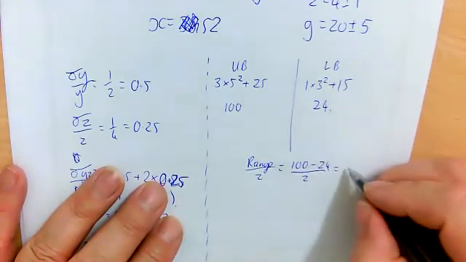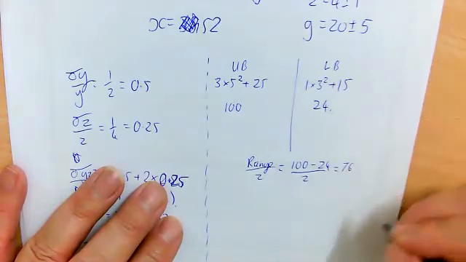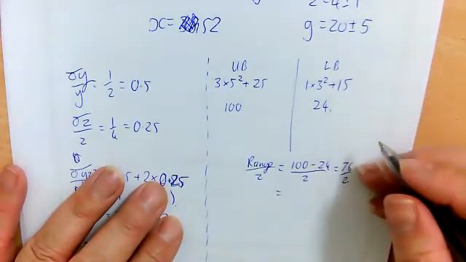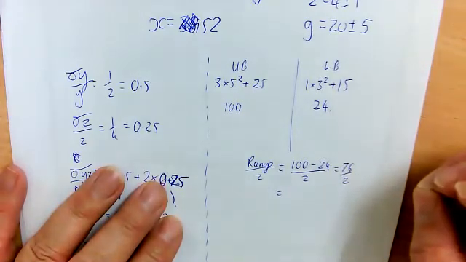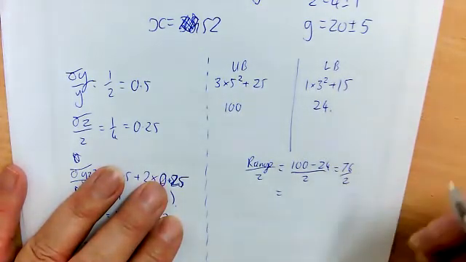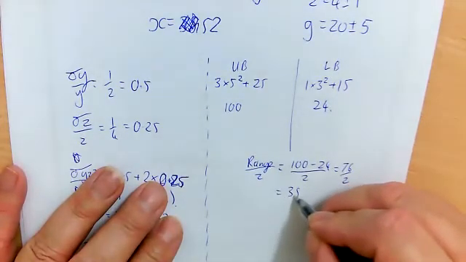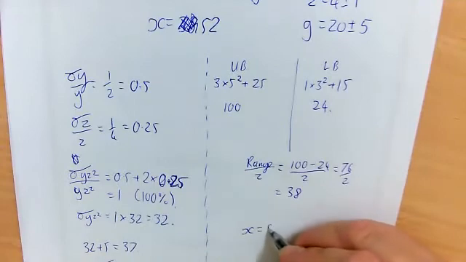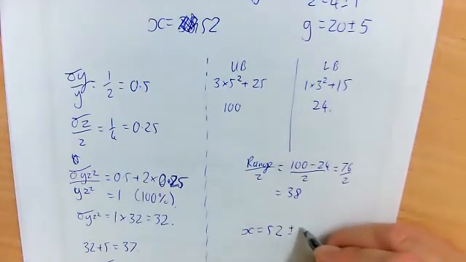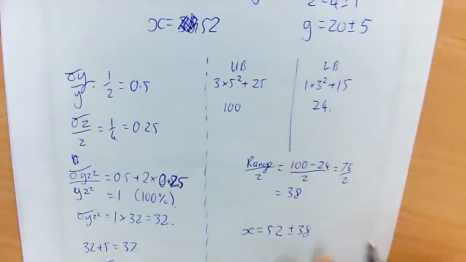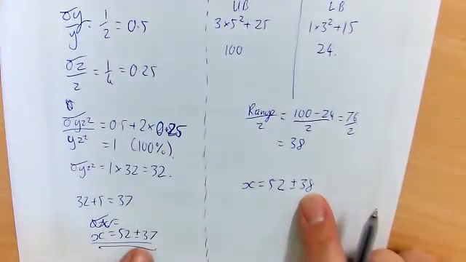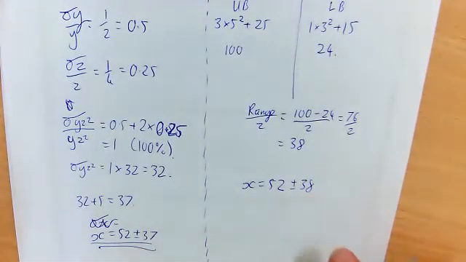Well, 100 minus 24 is 76, 76 over 2 is 38. So in other words, my X value was 52 as it was before, plus or minus 38, which is pretty much the same. Both those are good estimates of the uncertainty in a value.